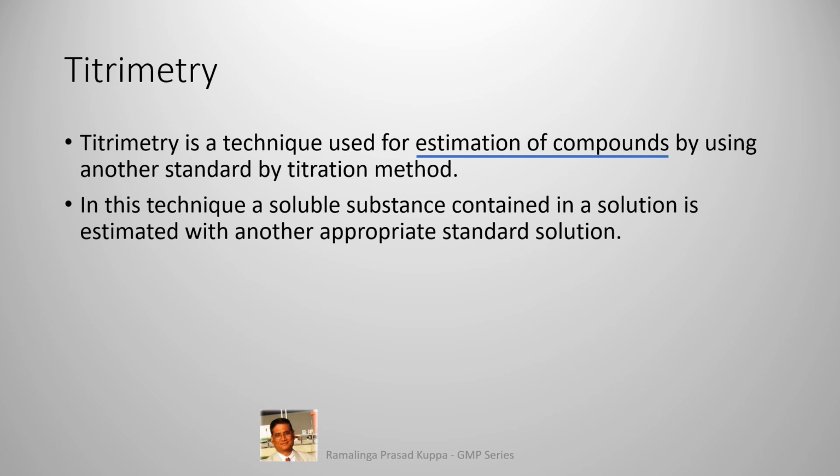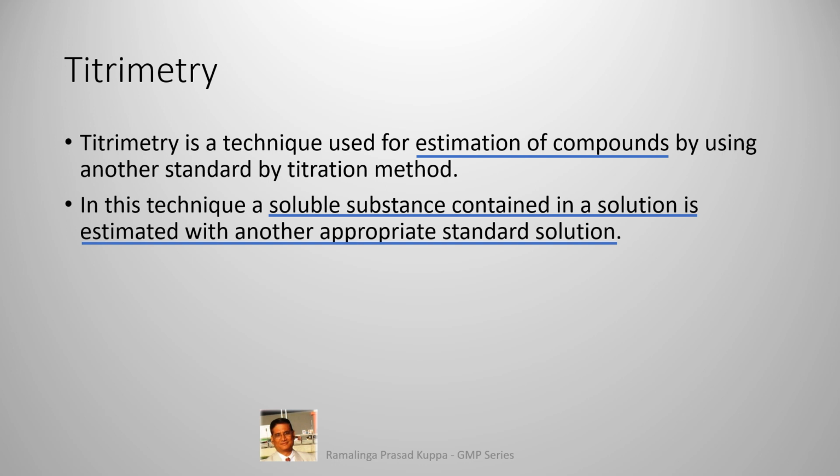In this technique, a soluble substance contained in a solution is estimated with another appropriate standard solution. So, an accurately weighed amount of the substance being estimated will be dissolved in an adequate amount of appropriate solvent and taken into a conical flask. Standard solution is taken in a burette.